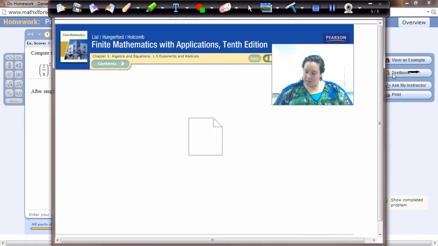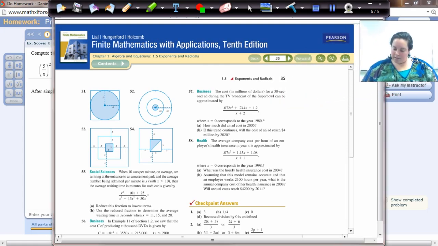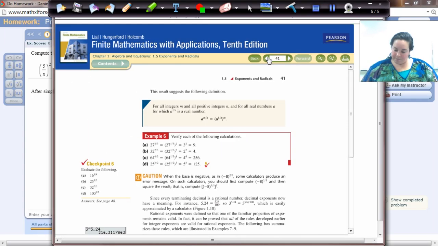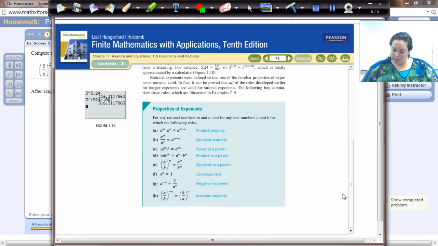There we go. Okay, you will find on page 41, at the bottom of the page, there is a very useful box. You might want to take a screen capture of this box just to have handy whenever you are practicing your exponent rules.